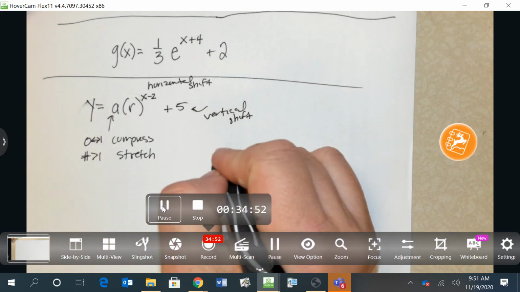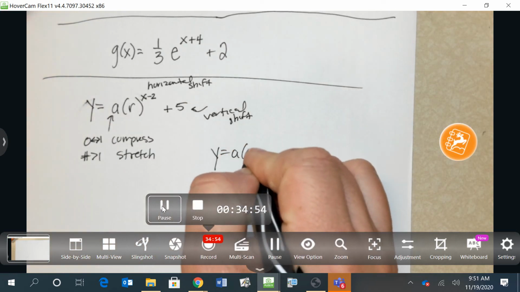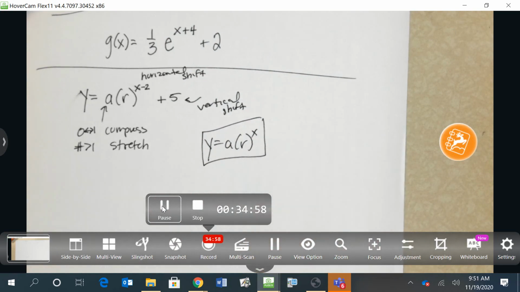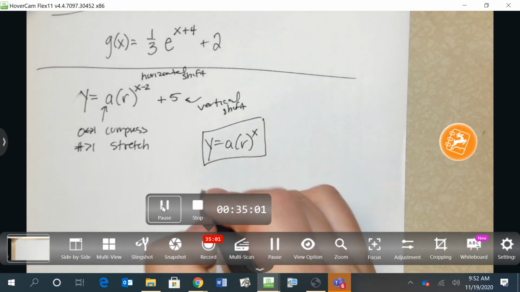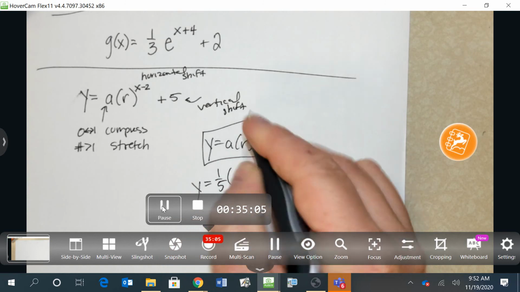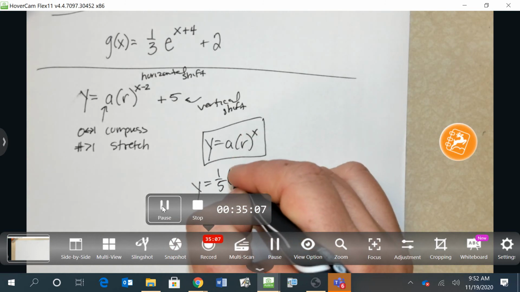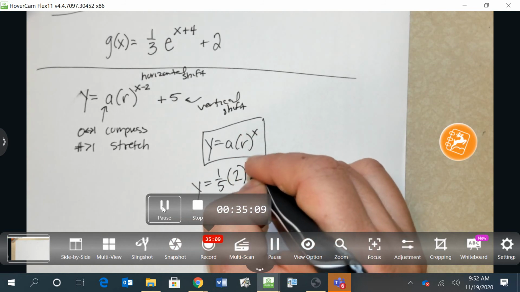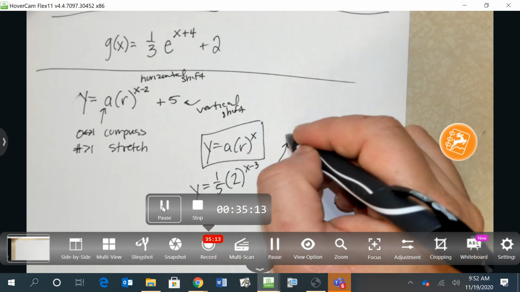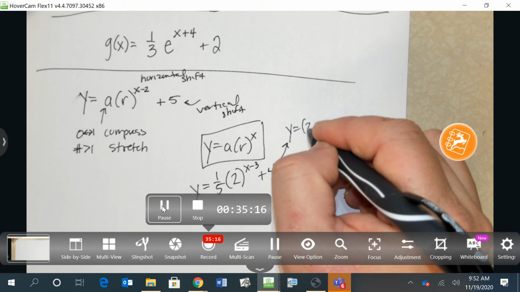So this is an example right now. If we go from this basic form, I want us to look at this particular graph. Let's go with this one, and I want us to compare it to the basic y equals 2 to the x.